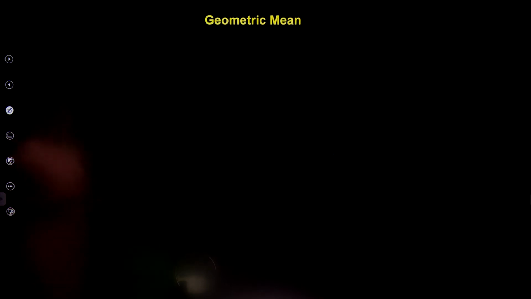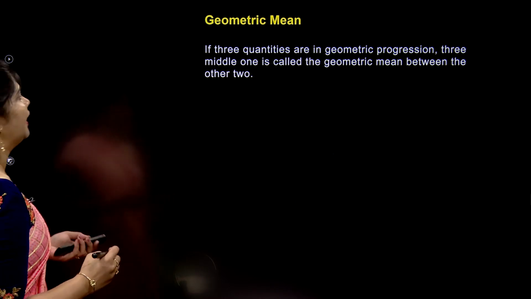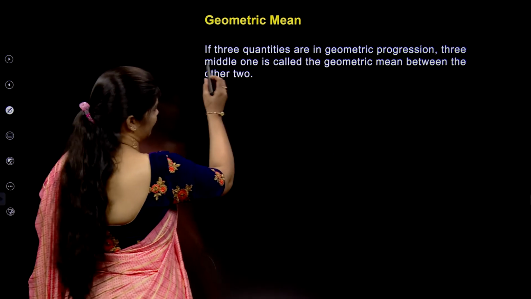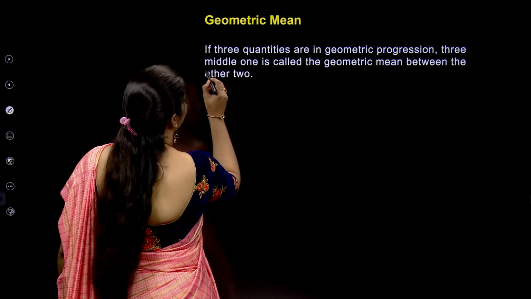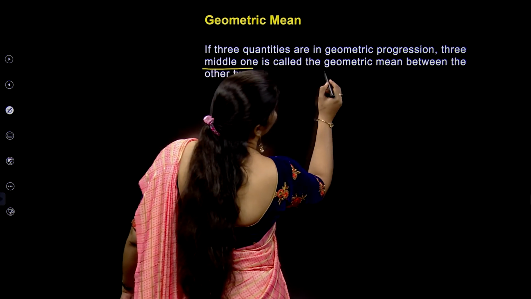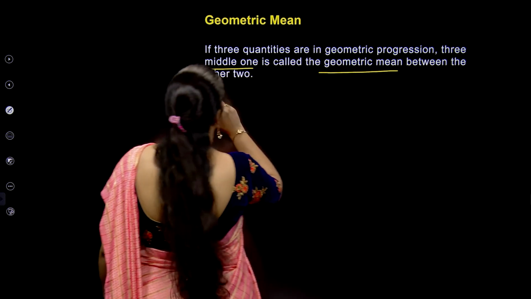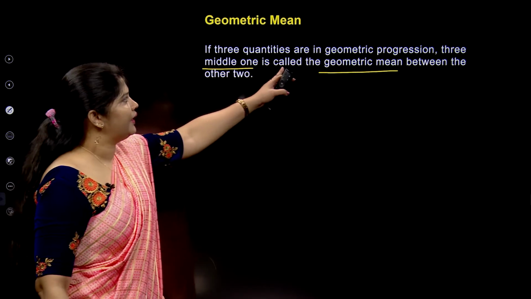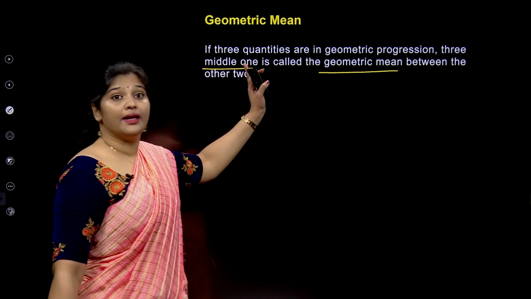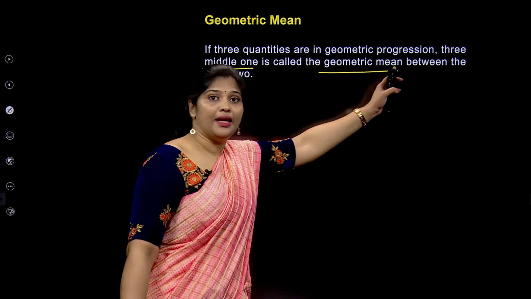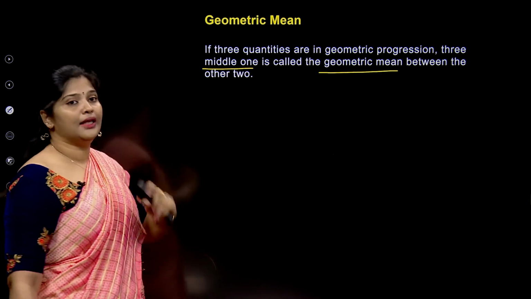Next, geometric mean. If three quantities are in geometric progression, the middle one is called the geometric mean between the other two.